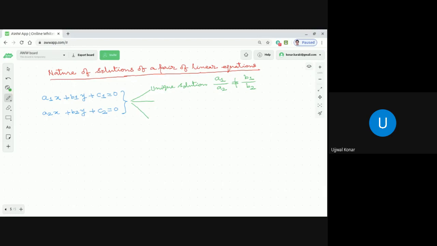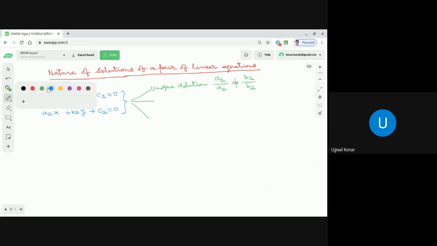If we have a pair of linear equations a1x plus b1y plus c1 equal to 0, and a2x plus b2y plus c2 equal to 0, then this pair of linear equations in two variables will have a unique solution if a1 by a2 is not equal to b1 by b2.